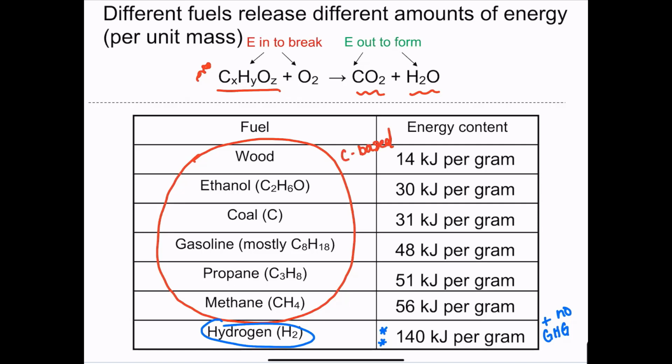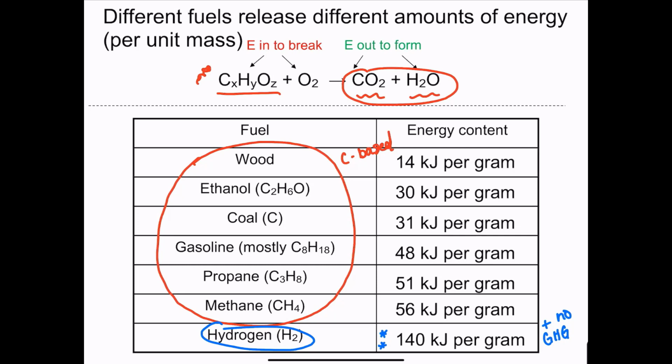And so these are all going to yield carbon dioxide and water as their products for that combustion reaction. So not only are these less efficient fuels, but they're also going to result in greenhouse gases, whereas hydrogen is nice because it doesn't give you any greenhouse gases at all. So that is why there is a push to improve technology behind hydrogen fuel cells.